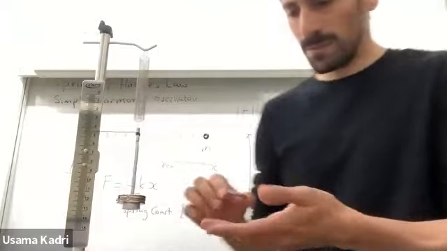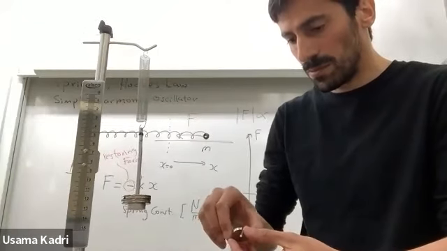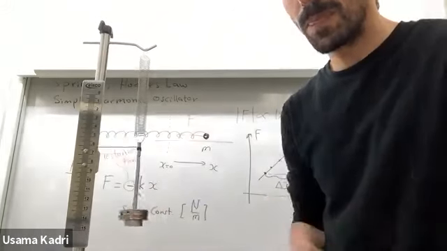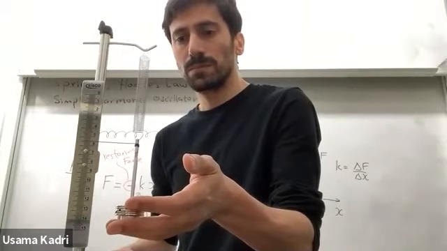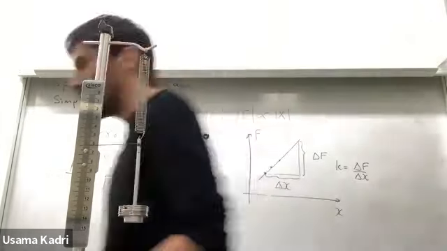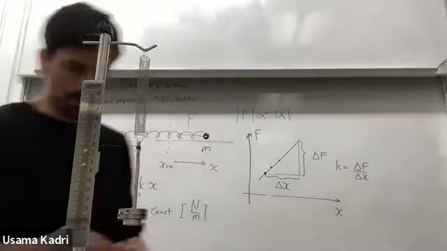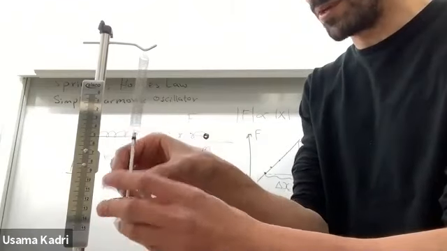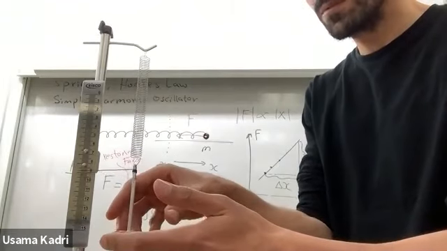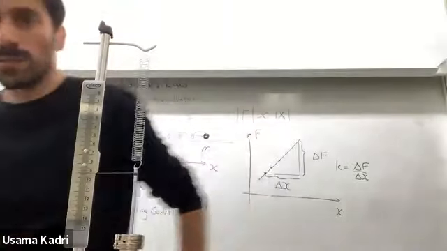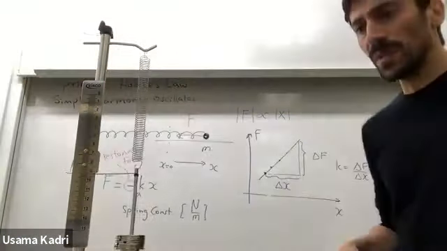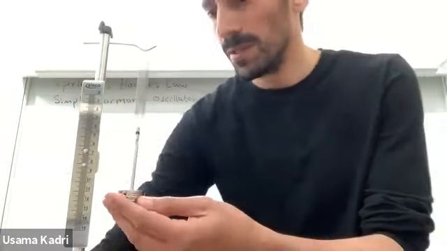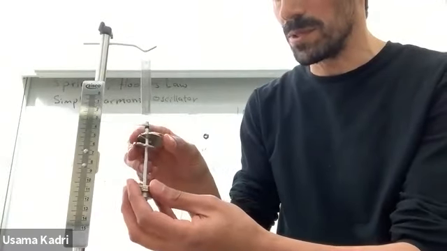And I can put another one, and it goes to 6, right? I can put 2 more. It should go already to 9. I'm putting 2 more now. More or less. Okay, so it is a very nice spring. And if I take all of them off, apart from the one that was there originally, then it should go back to 0.